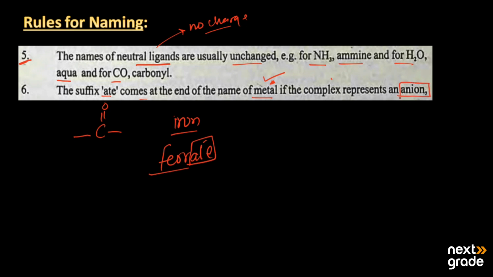So this is a simple rule: how we name the metal if it is an anion, and how we name the ligands which are uncharged, carrying no charge. If we have ammonia, it will be named ammine. If we have water, it will be named aqua.